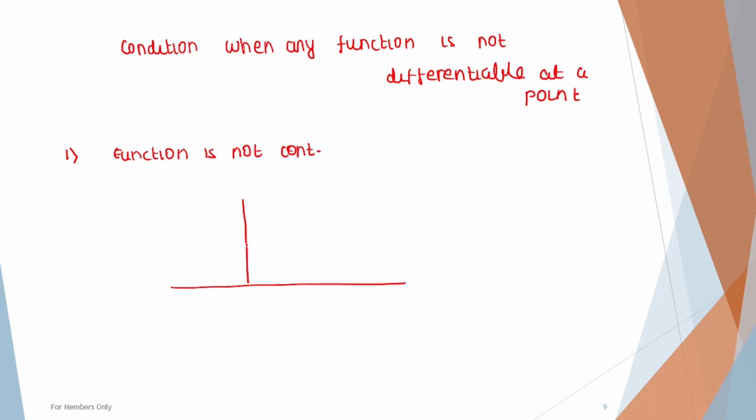So let us suppose this is the function and we want to differentiate it at the point x is equal to a, and at this particular point its value is here. Okay, although its limit exists at x equal to a, but this is not continuous, so this particular function f of x will not be differentiable at this point. So this is the first condition.